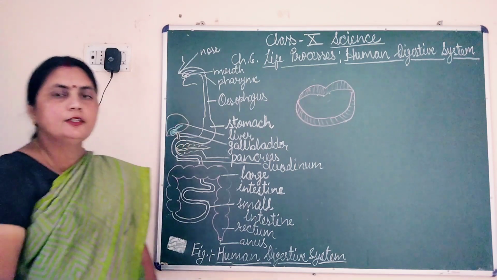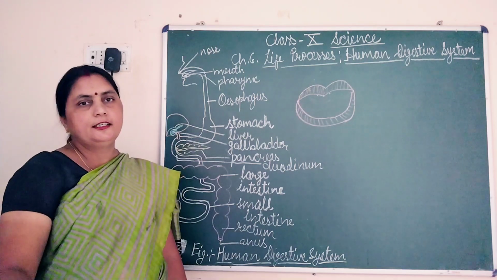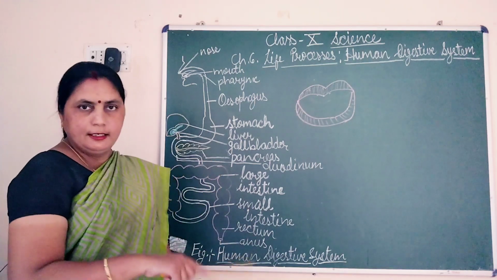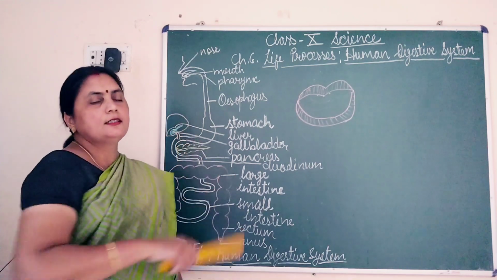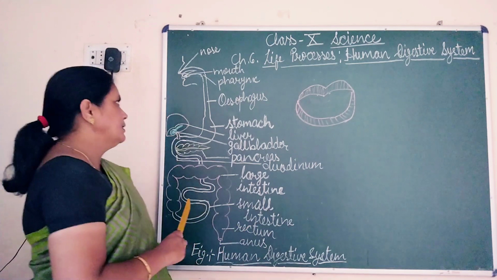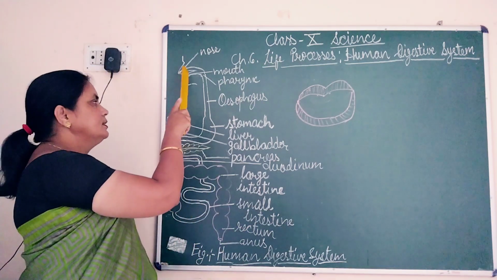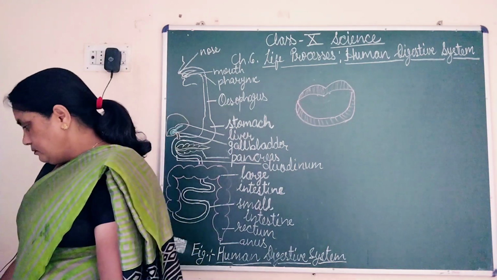And children, whenever you hear the name glands, you should understand that something is secreted by those glands. So these are also glands. These are the structures which secrete some digestive juices, which we will see separately. Now we are going to discuss all these organs one by one in detail.